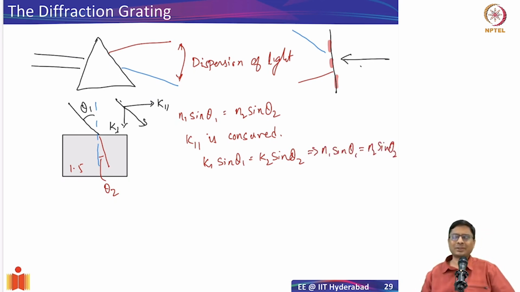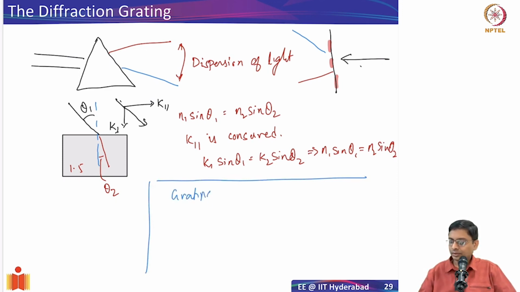This is background. So now what happens if you have a grating? In a grating, the momentum conservation should still hold, but now, just like the boundary conditions, the difference in the momentum should be equal to the grating vector.